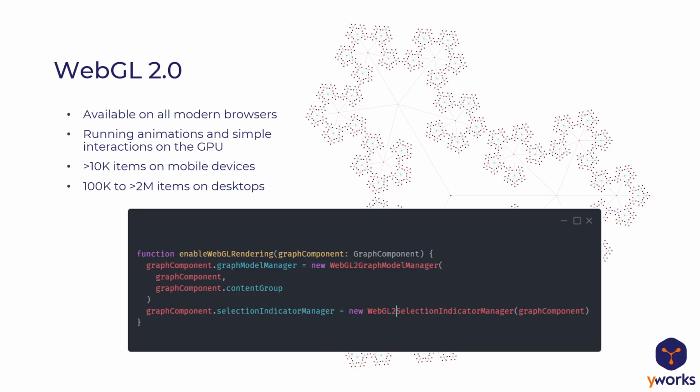But with the new approach that we've been implementing in yFiles for HTML, we've been leveraging WebGL 2.0 to bring that to a whole new level. WebGL 2.0 is available on all modern browsers today, meaning you can add that feature to your application unless your users are really on older hardware or browsers, meaning Internet Explorer is completely out of the question.